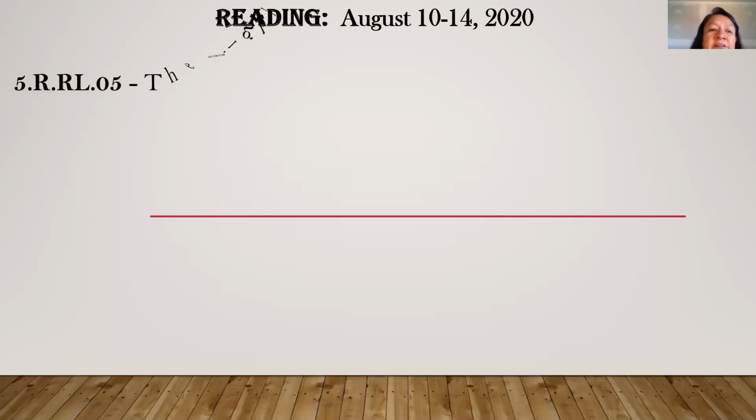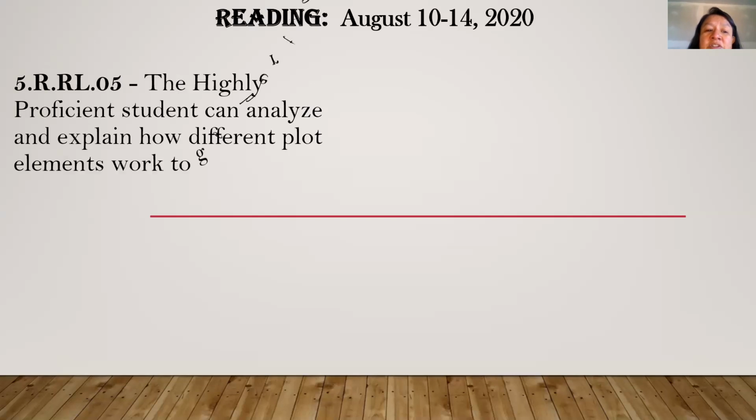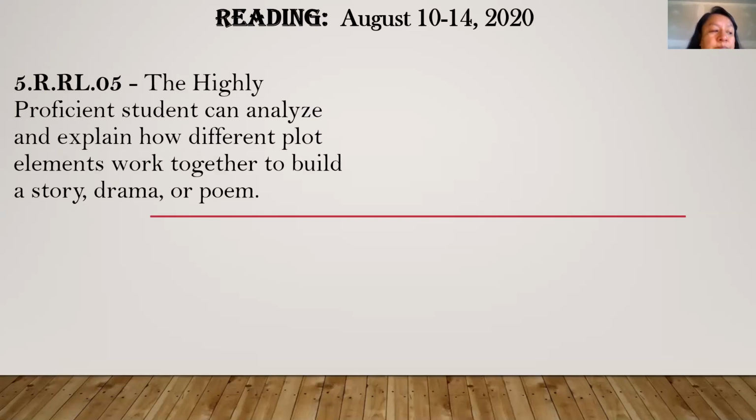The first standard is the highly proficient student can analyze and explain how different plot elements work together to build a story, drama, or poem, which means that you will still be using a plot diagram in some of the work that you will be doing this week.